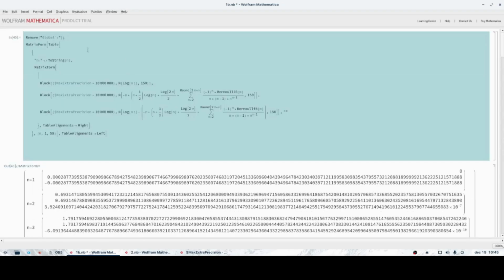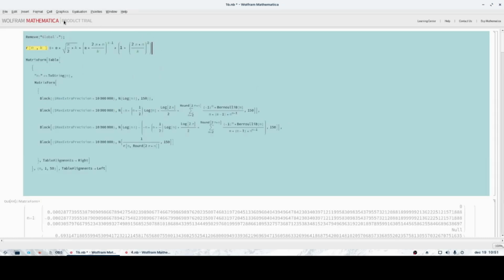And instead of proving that the remainder term approaches 0, I will give a function directly for the remainder term, which is similar, or like the same as the remainder term.